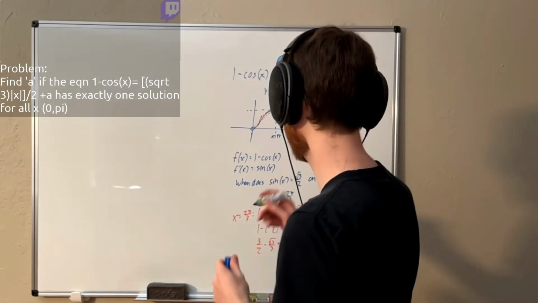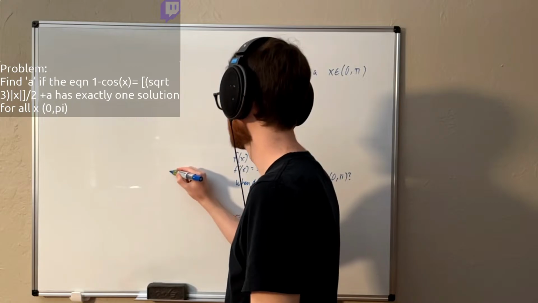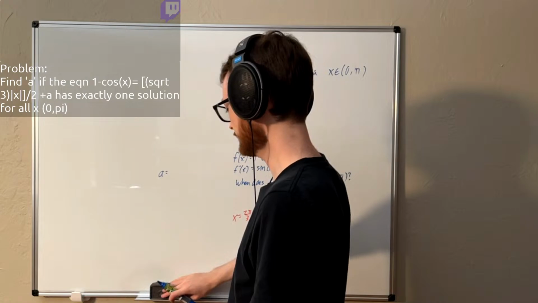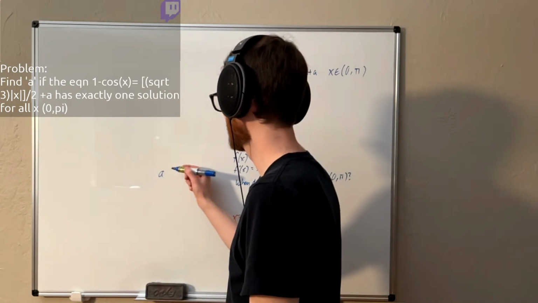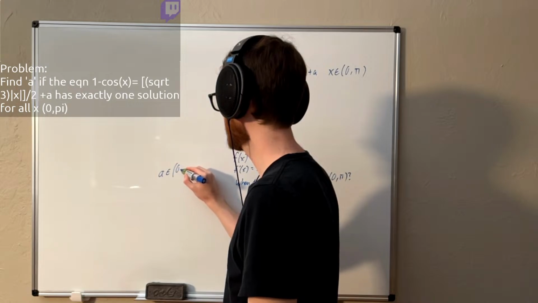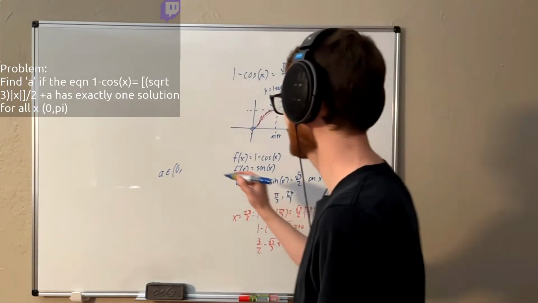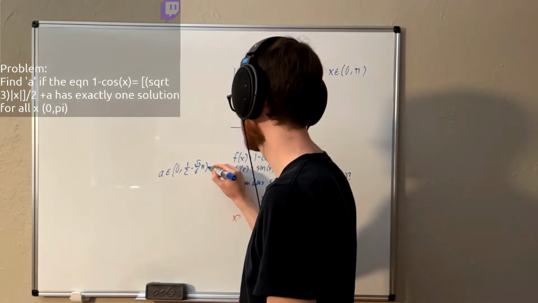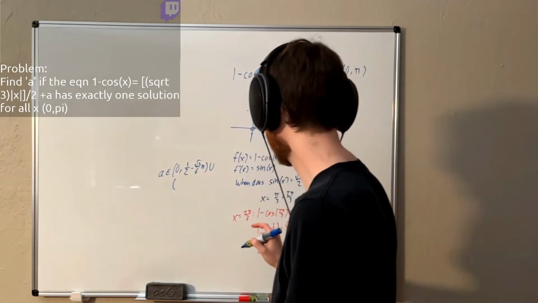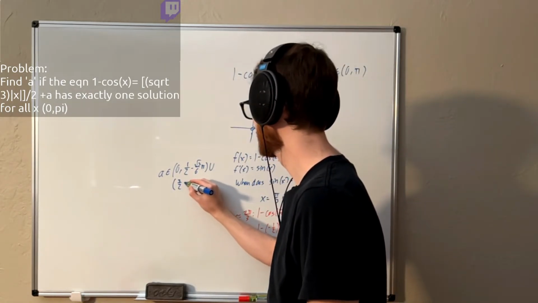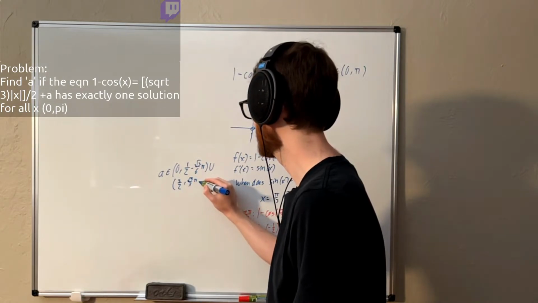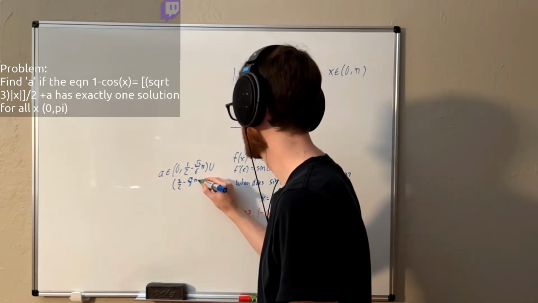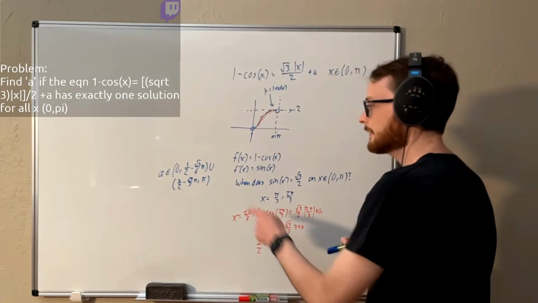We could be really complete and say that A belongs to 0, comma, the smaller value, which was 1/2 minus root 3 over 6 pi, union the bigger value, which I wrote right there, 3 over 2 minus root 3 over 3 pi, comma pi. Any value in those intervals should work.